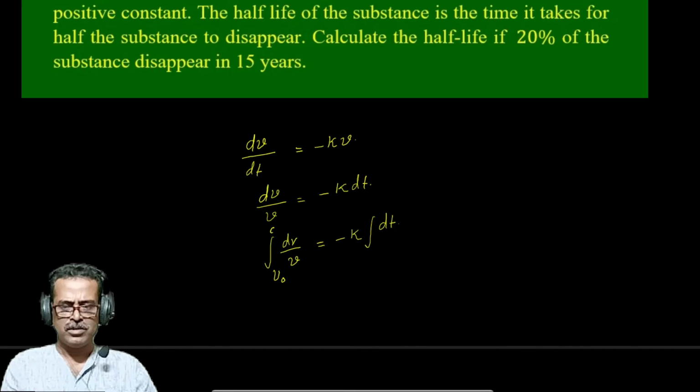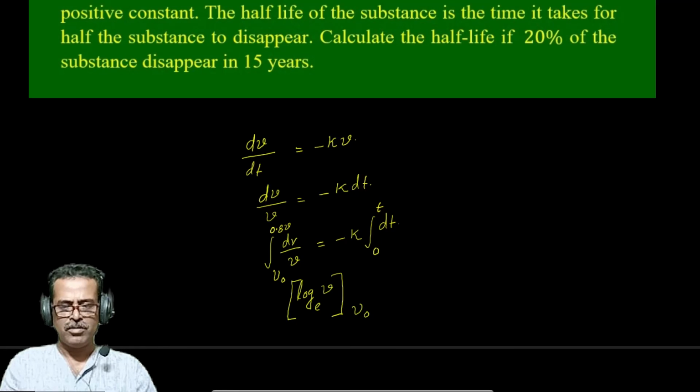So 0.8 V0 is the upper limit, and this is 0 and this is T. Log base e of V from V0 to 0.8 V0 is equal to minus k t.